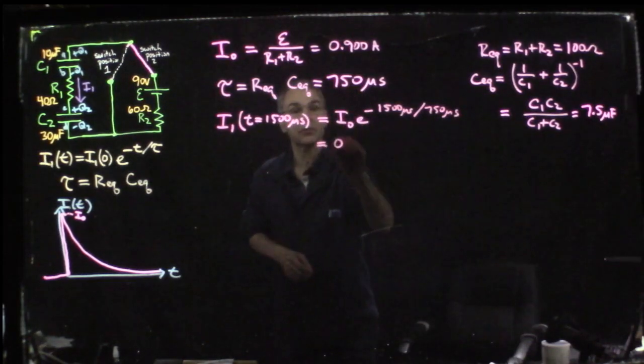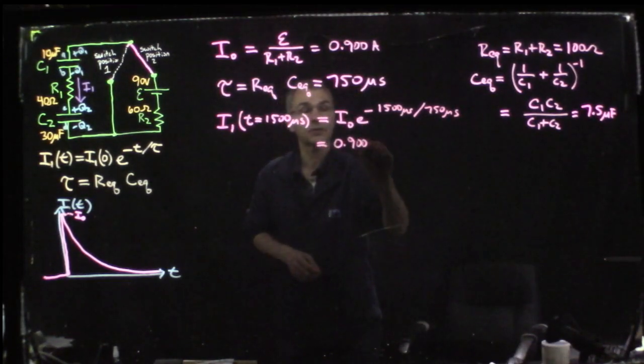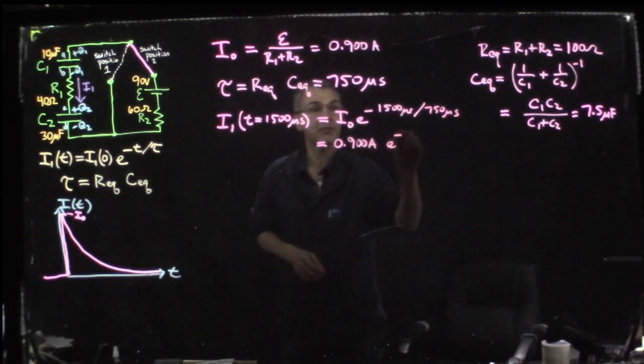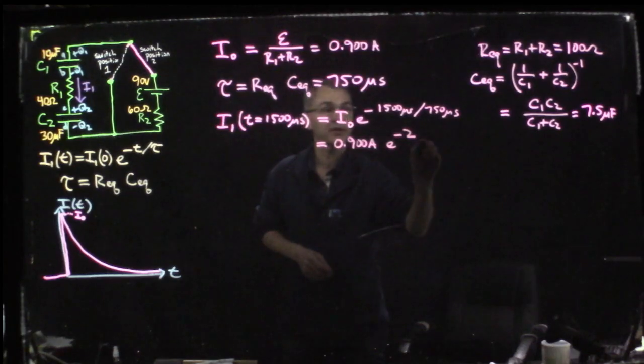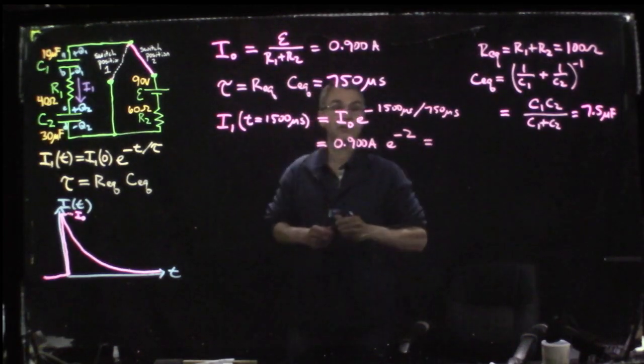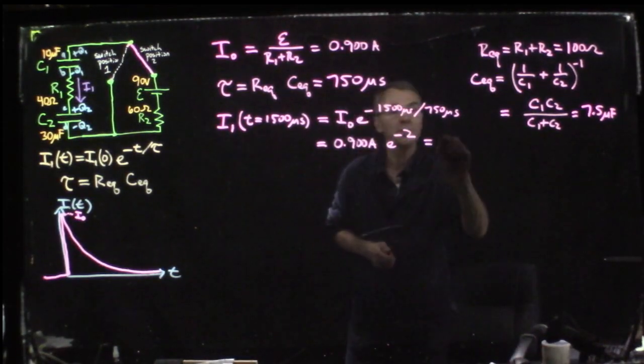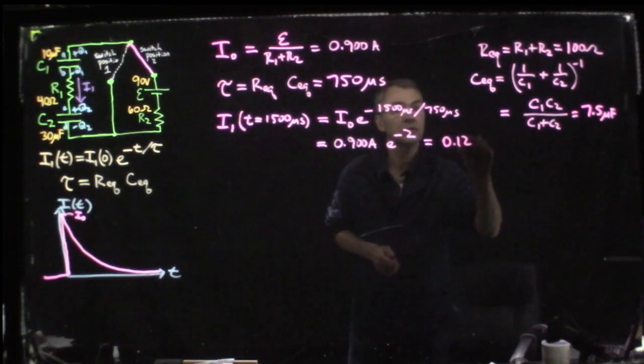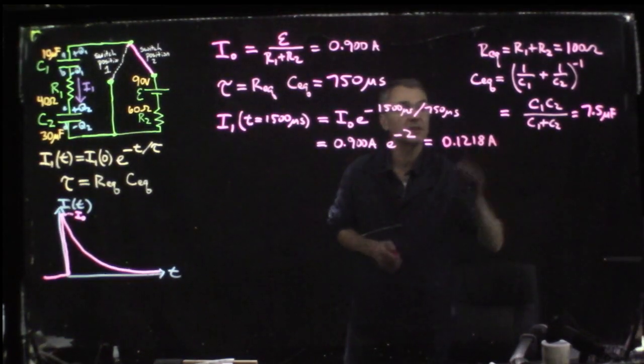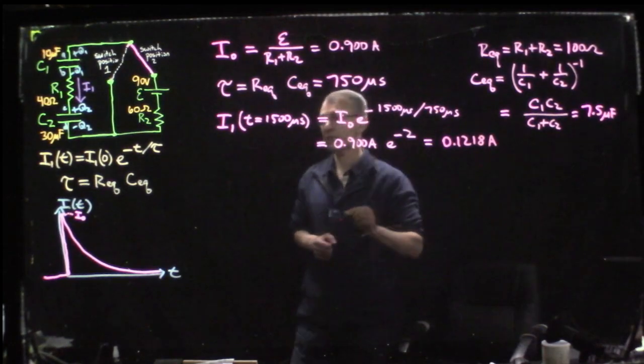So that is 0.900 amps times e to the minus 2, which is 0.1218 amps. I like to keep an extra digit for intermediate results.